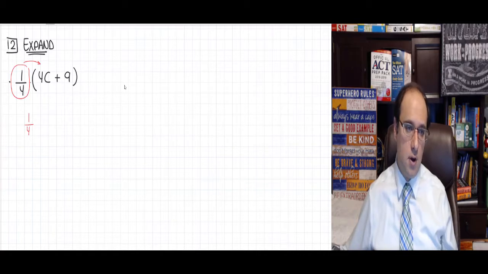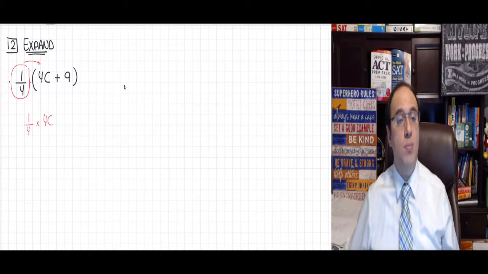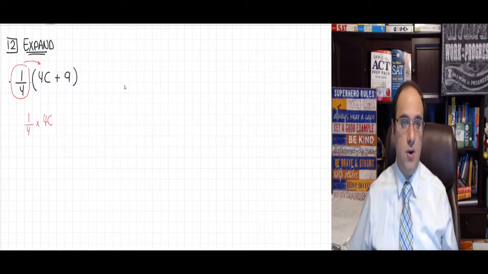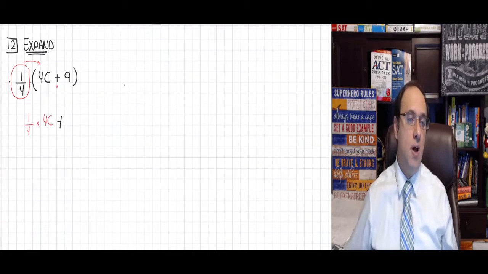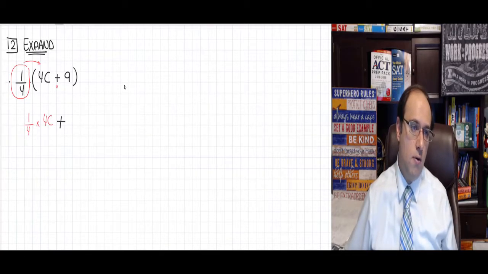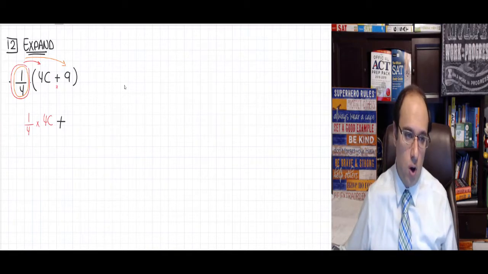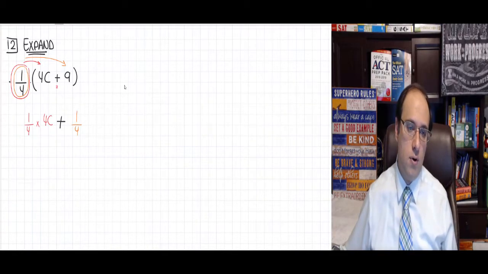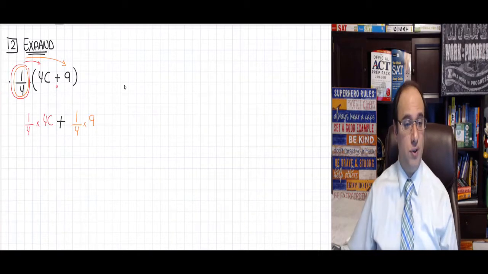Then we put the same sign that we have up here, which is a plus. Then we multiply the 1/4 by the second part inside the parentheses. So it's 1/4 times 9. Easy? Perfect.